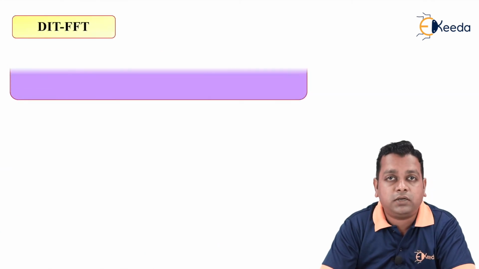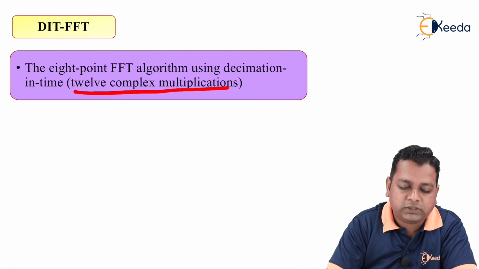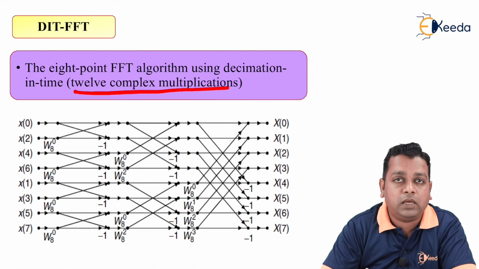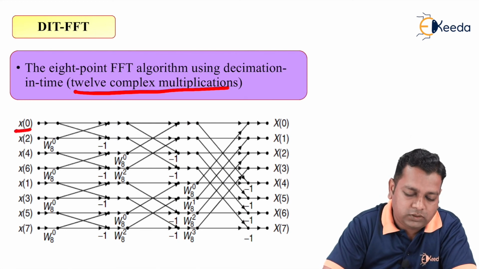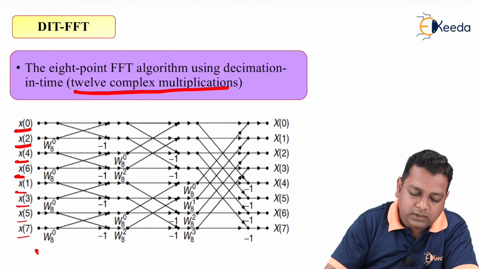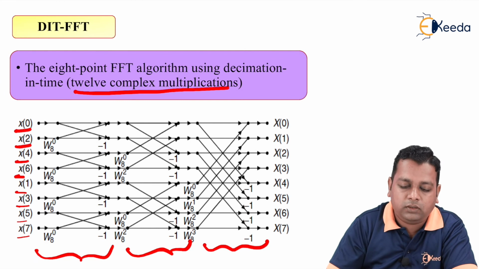Now, by the third iteration we can go up to 12 complex multiplications by this FFT algorithm. Here we have small x of 0, x of 2, x of 4, x of 6, x of 1, x of 3, x of 5, x of 7, and this way we have the 3 iterations.